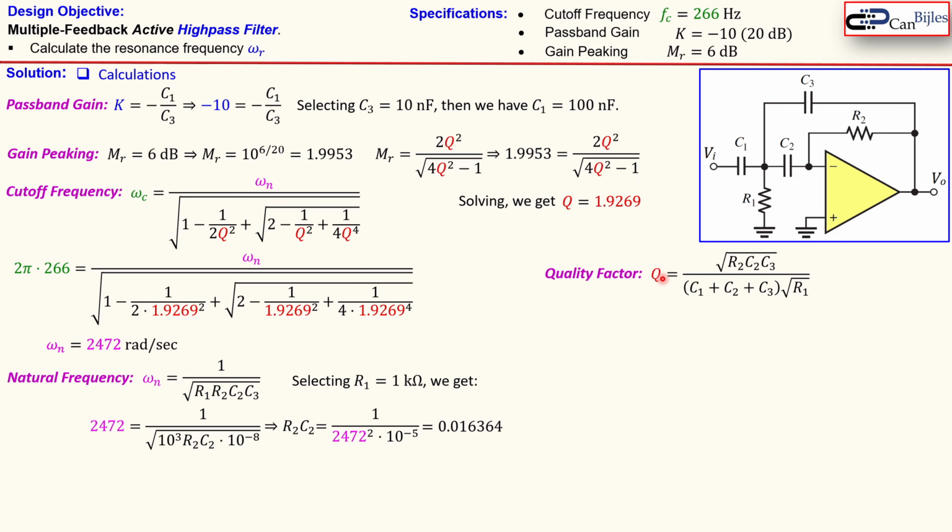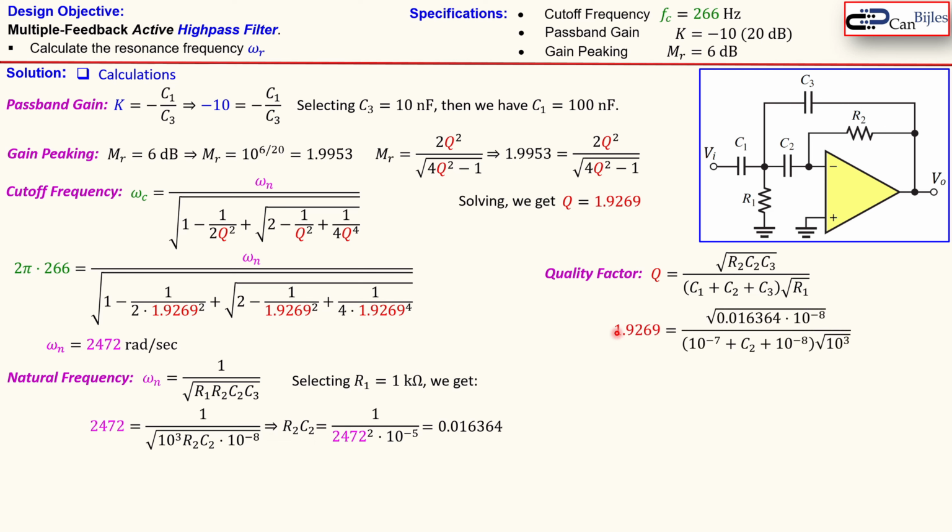The quality factor has also the resistor R2 and the capacitor C2, and also the capacitor C3 we know. We also have this R1, but we already selected R1, we already know what C3 is, and we also know this product. So everything is known, except actually this C2, because C1 is also known from the first step. So that's the reason for making this substitution here.